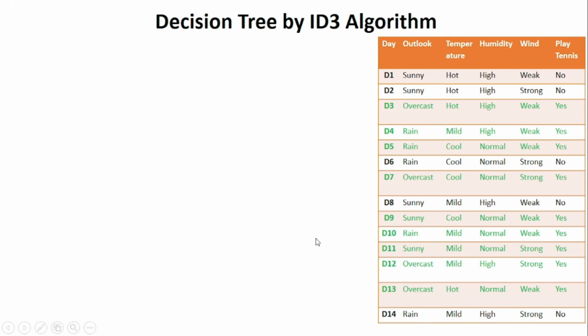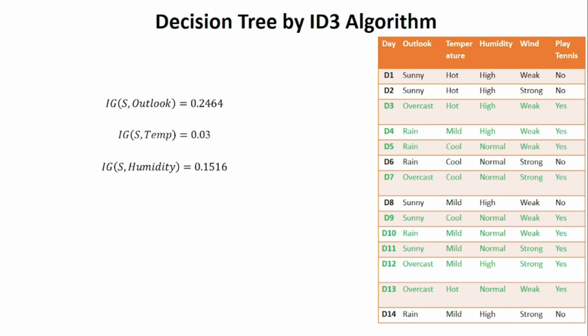Now you are going to compare all four information gains, and we need to choose the highest, the one that contributes the highest information gain, so that we consider it as the root node. The information gain of wind is 0.04, humidity is 0.15, temperature is 0.03, and outlook is 0.2464.